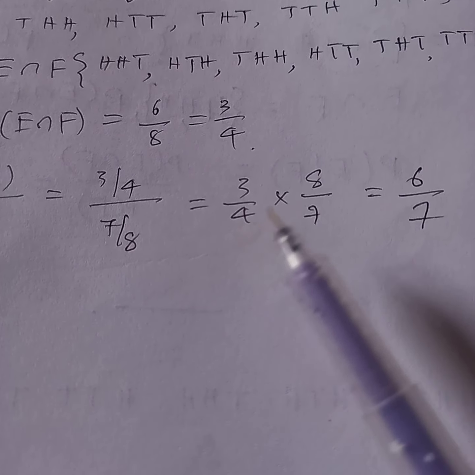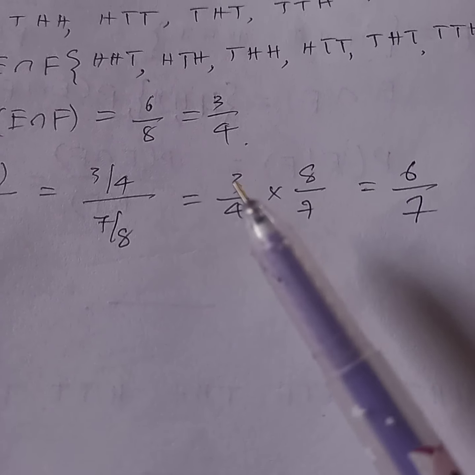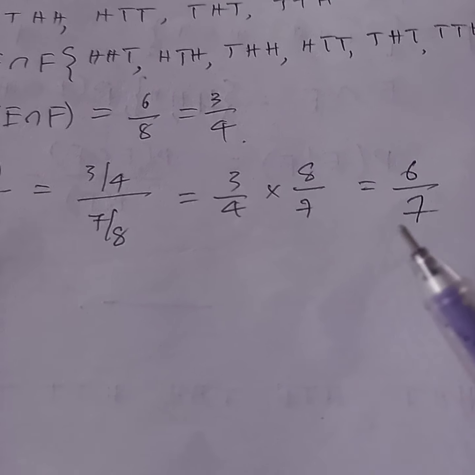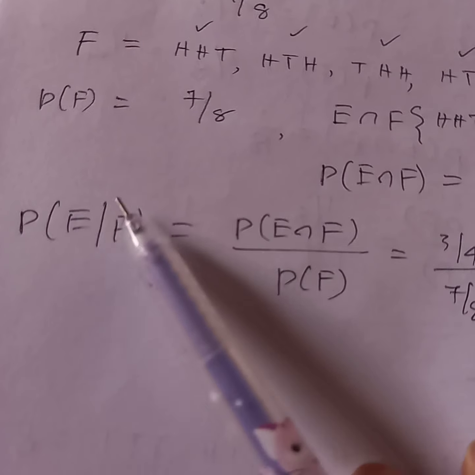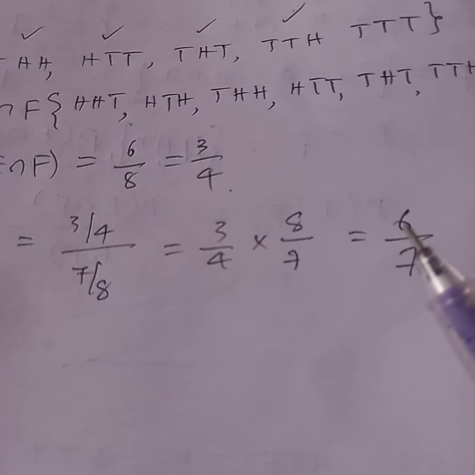Here we have 8, which is divisible by 4: 4 twos are 8, so 2 times 3 is 6, and what remains is 7. So the probability of E given that F has occurred is equal to 6 by 7.